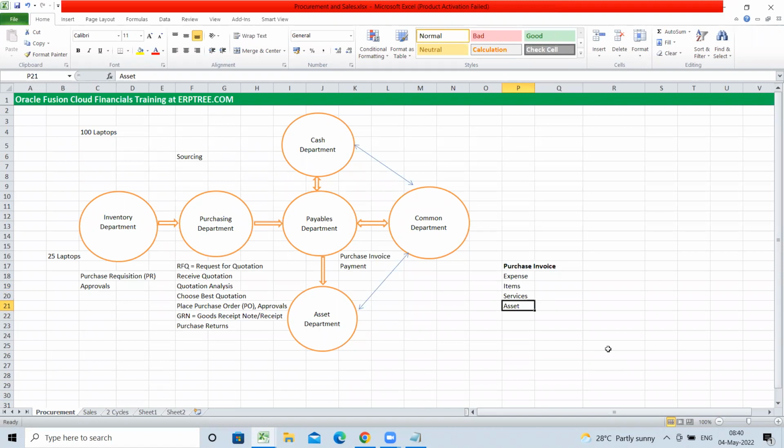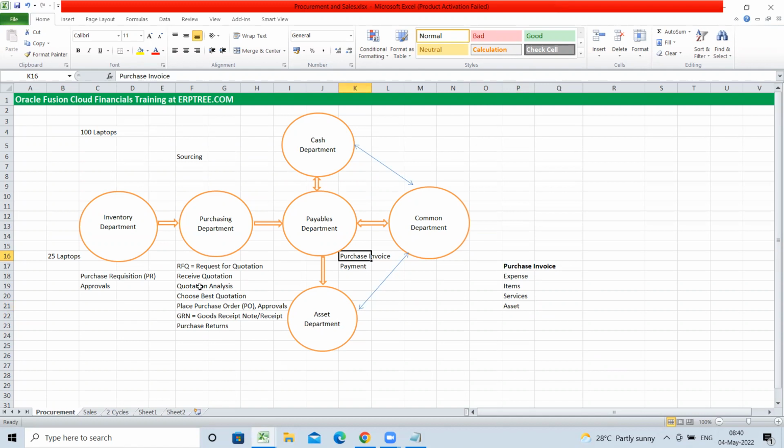So if purchase invoices belong to expenses, items or services, we just create them in the payables, and as per the due date we'll make the payment. If the purchase invoice belongs to an asset related purchase, you purchase one machinery, then you will create the purchase invoice in the payables. You follow this process.